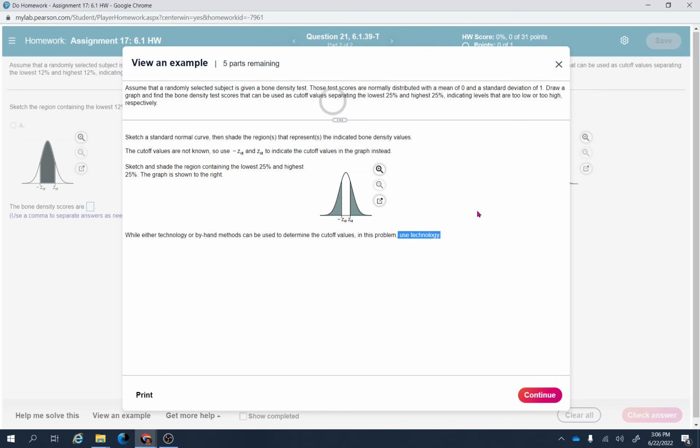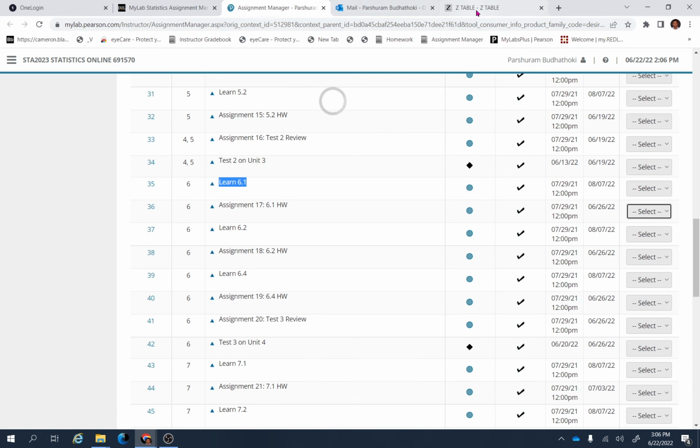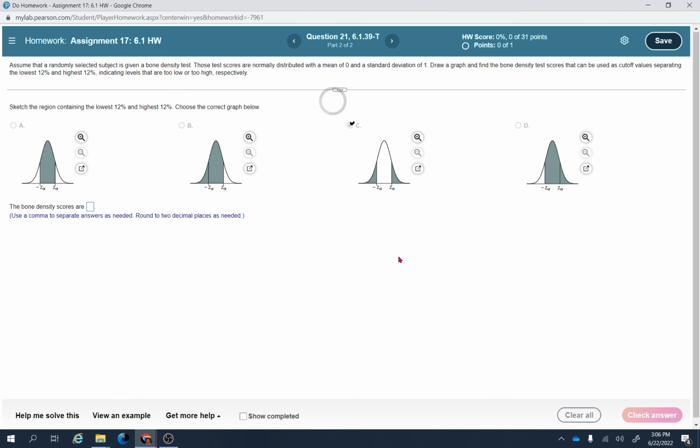For now, I'm not going to use a calculator, but I'm going to use a z-score table, which I have here.